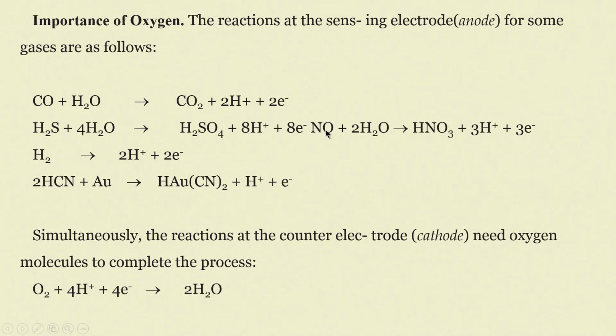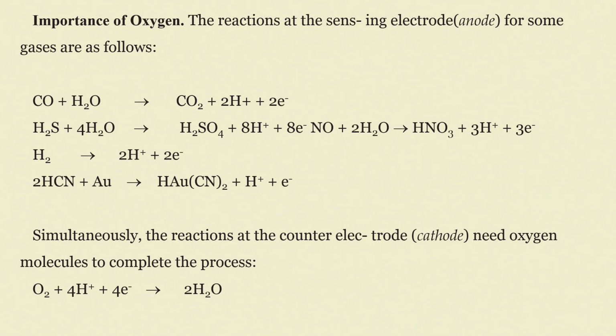If you have nitric oxide, it will react with 2 H2O giving you HNO3 and 3 hydrogen ions, and if it is only H2, then the hydrogen molecule itself can dissociate to give you 2 H plus and 2 electrons. These are all electrochemical reactions. Basically, you have not much control over such reactions.